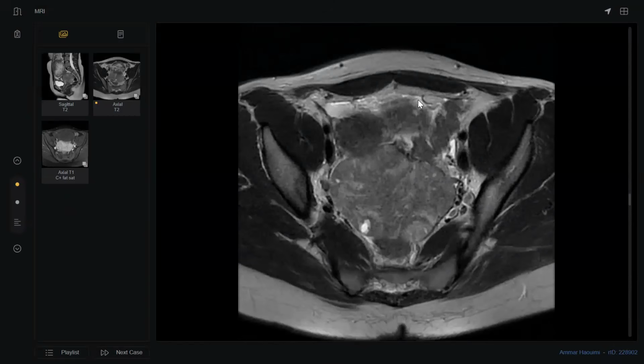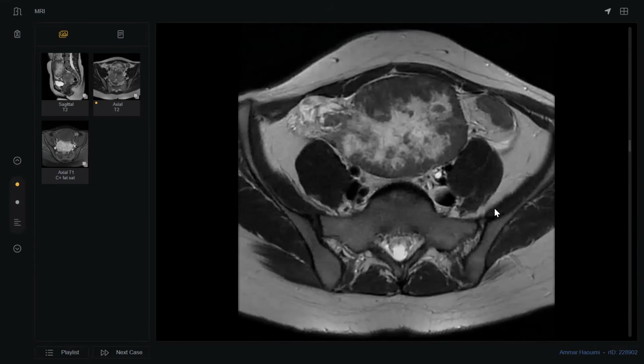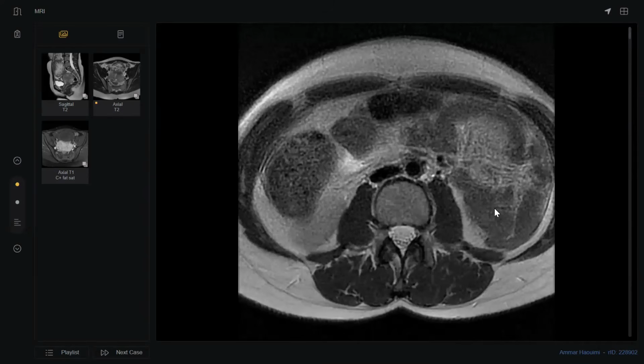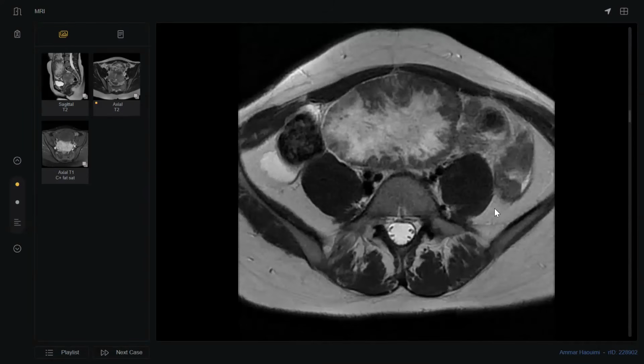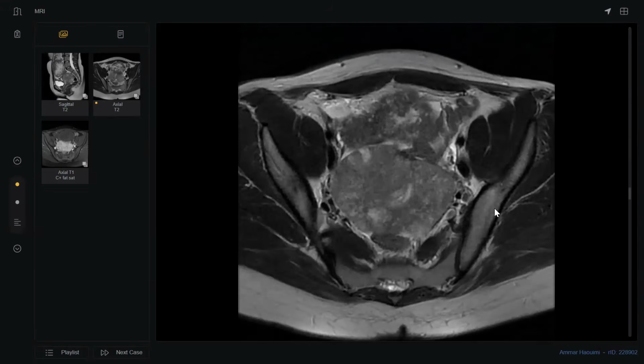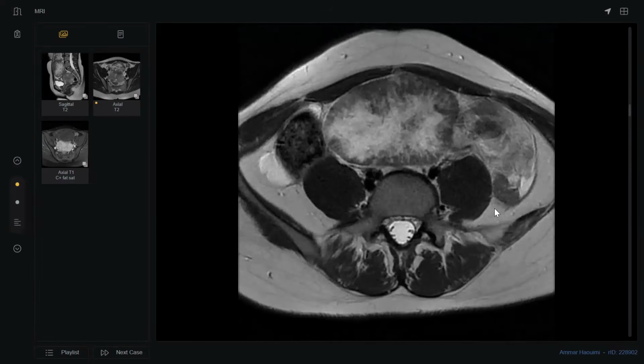Assalamu alaikum, sir. Request control, please. This patient presented with pelvic pain. These are the axial T2 weighted images of the pelvis, in which we appreciate heterogeneous masses which are centrally hyperintense and peripherally hypointense, giving a striated appearance.